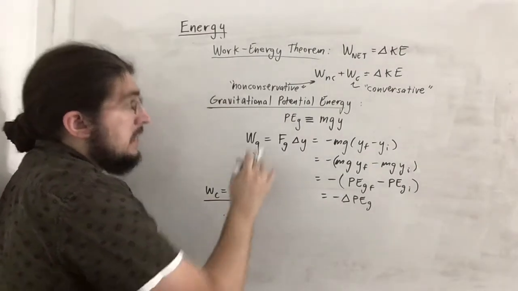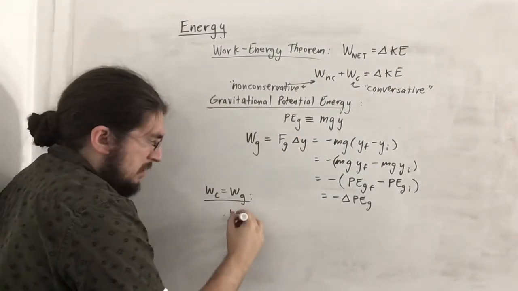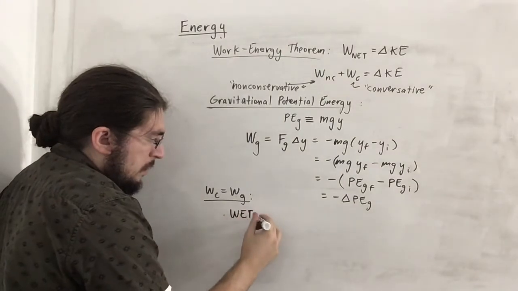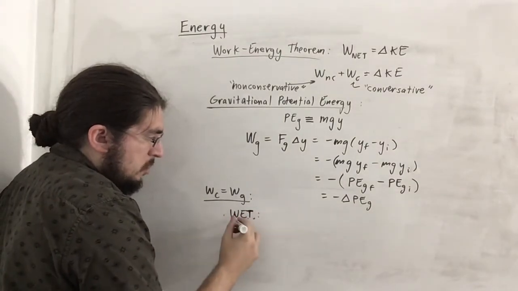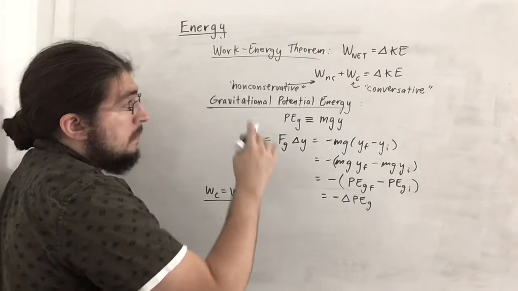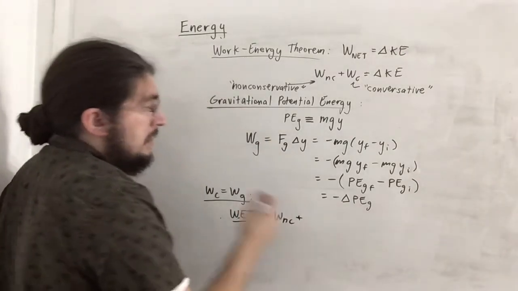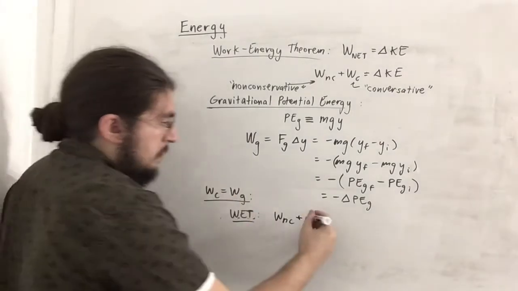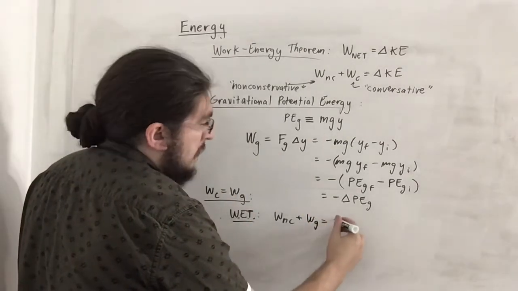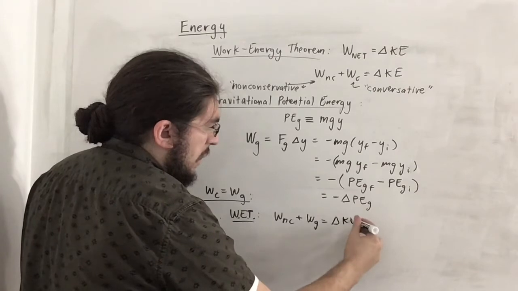Our work-energy theorem, which you could call WET for short, as an acronym, becomes non-conservative work plus conservative work, which is just WG, equal to delta KE.